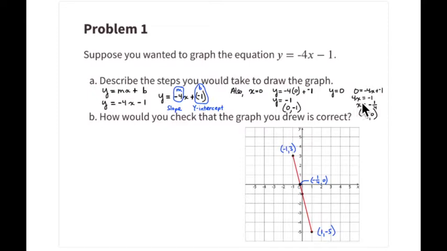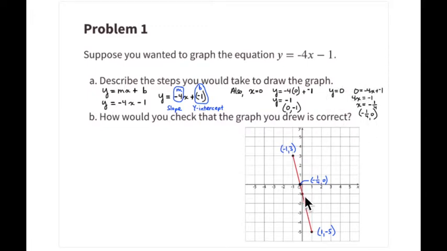So 4 times some number equals -1. x is equal to 1/4 of -1. Well, 1/4 of -1 is -1/4. And so this point is -1/4, and then it's 0. This is where it crosses the x-axis. Really don't use that much, and you don't really need to use it in this case, but it's a good exercise anyway to just check, see where it is, make sure it falls on the line.